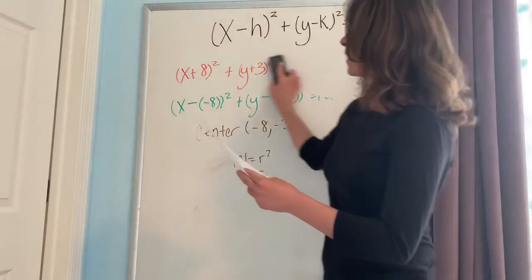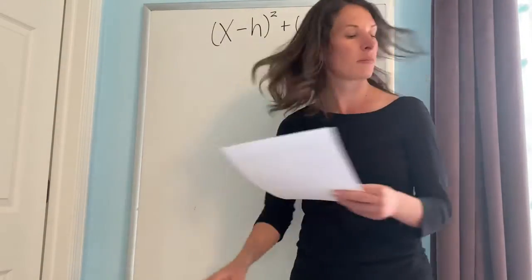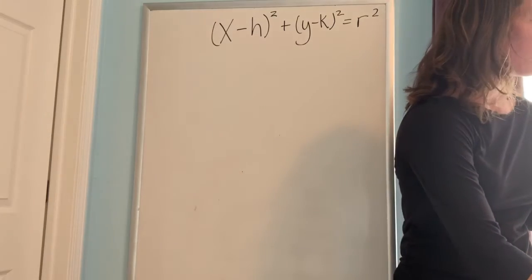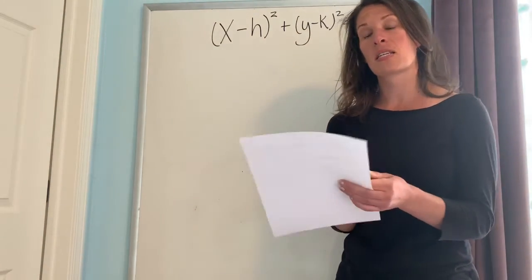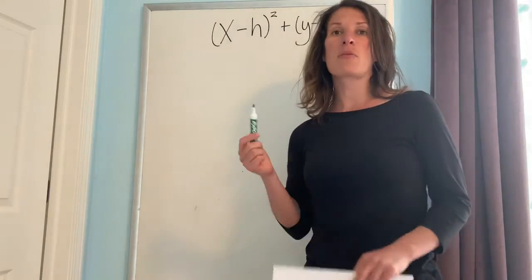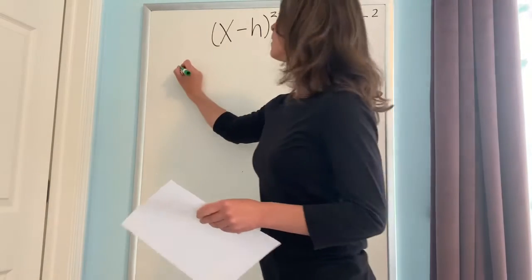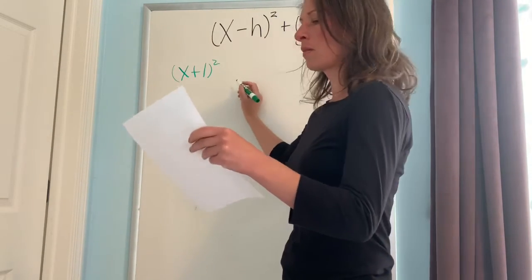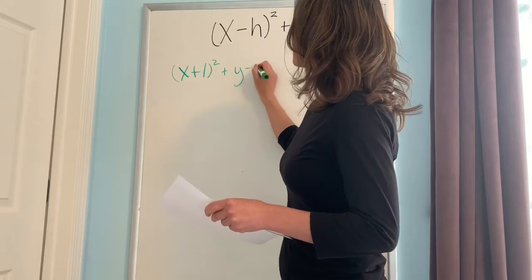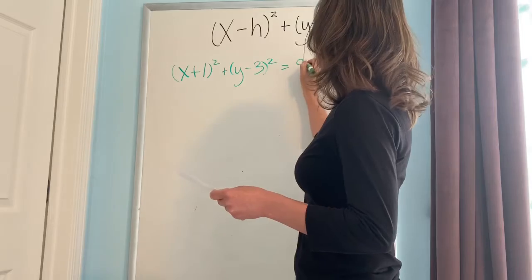Let's look at example 7. Now, this is asking us to graph this, but we can't graph it until we find our center and our radius. So we are given (x plus 1) squared plus (y minus 3) squared, and that's equal to 9.